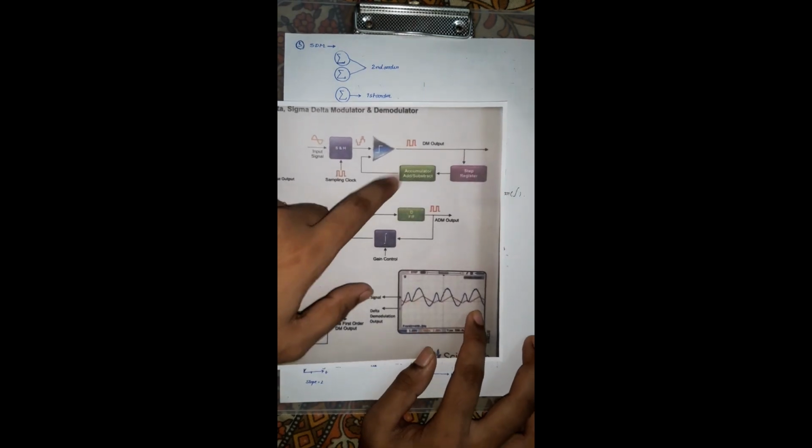This circuit is the DM circuit. This is for DM, this is for ADM, and this is the sigma first order. Sigma first order. This is DM, this is ADM, and this is sigma first order.